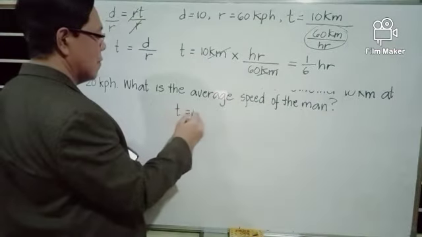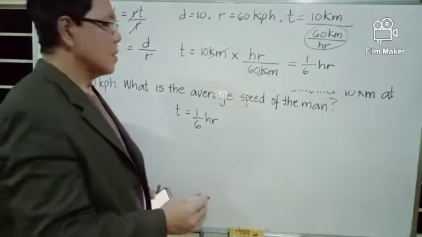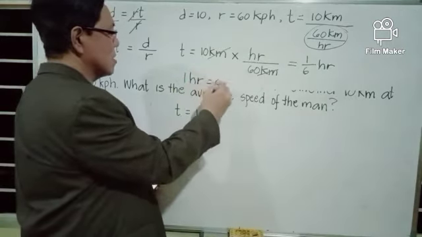We have 1 over 6 r, we convert to minutes using the equivalent units. 1 r equals 60 minutes.